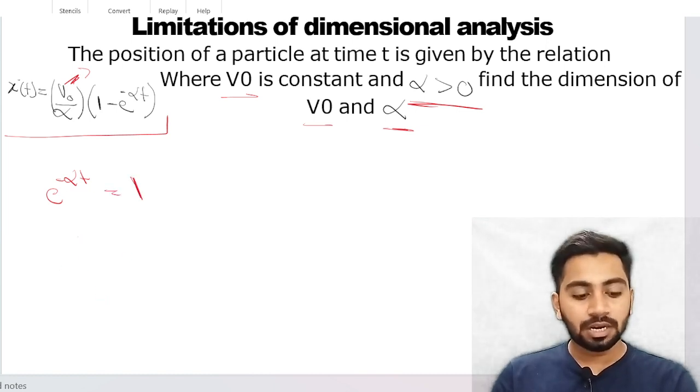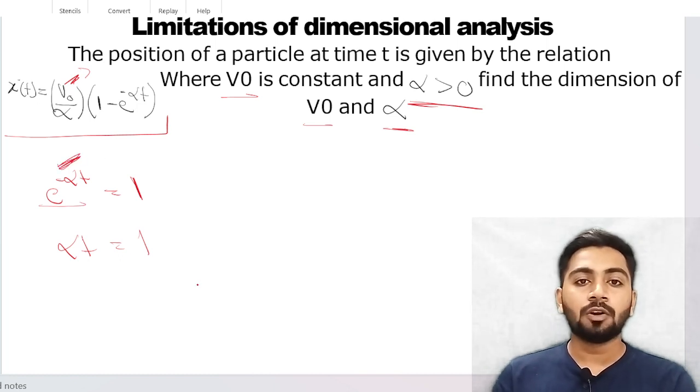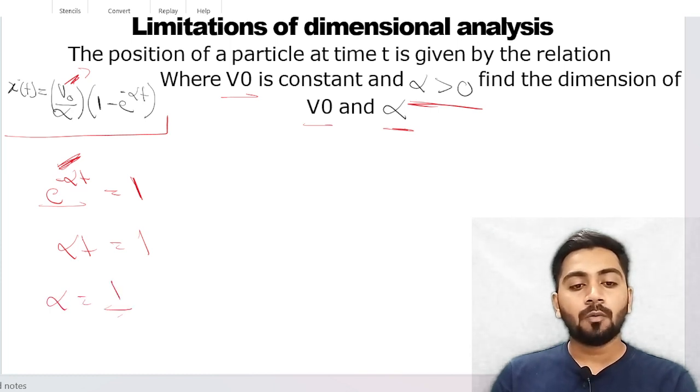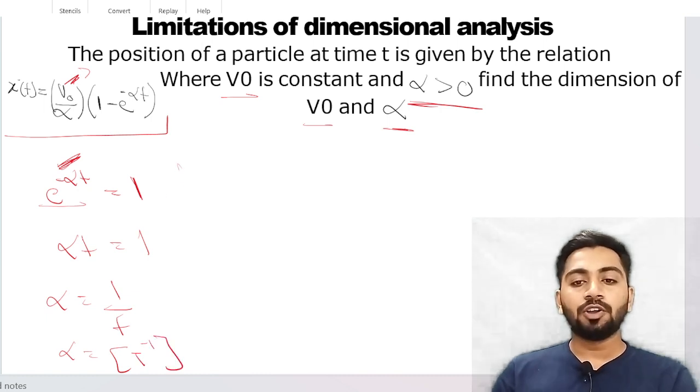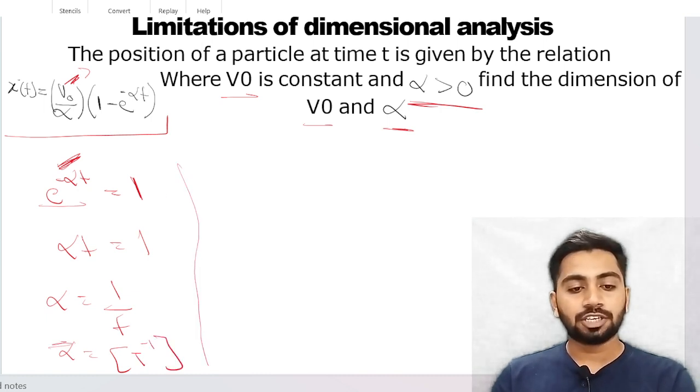Which means your alpha t becomes 1. Always remember, when we are writing this exponential in dimension, the negative we ignore. Now alpha is equal to 1 by t, so the dimension of alpha becomes t to the power of minus 1. You got this dimension.